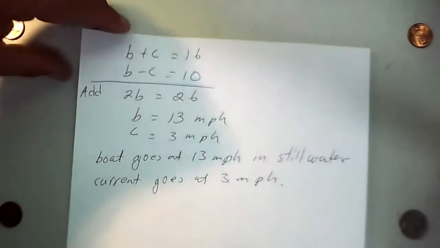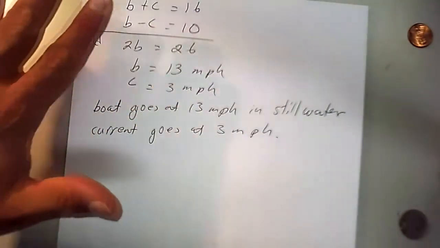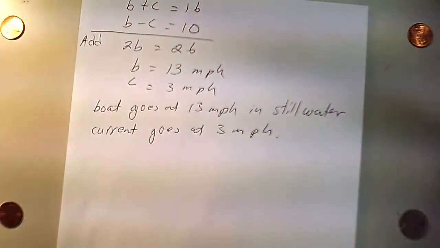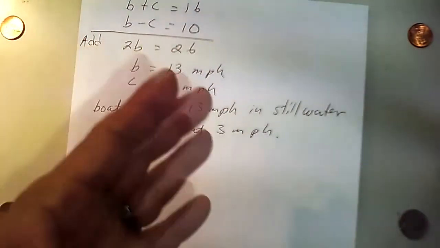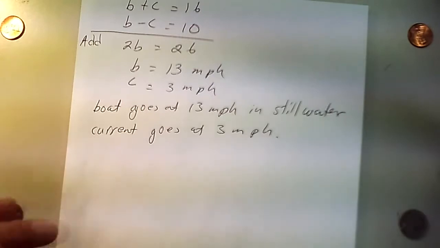So there's a constant current of 3 miles per hour. The water is moving at a walking speed. And then the boat in one direction is going to go against the current, and in the other direction, the current is going to help out. So that is kind of neat.